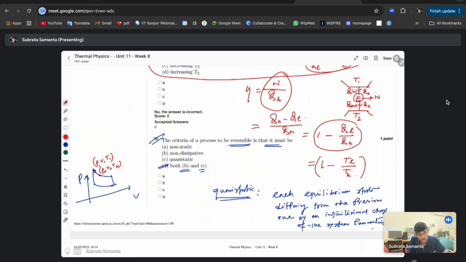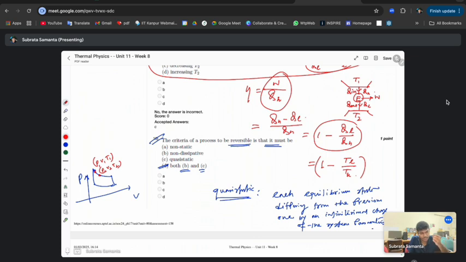Each equilibrium state differs from the previous one by an infinitesimal change of the parameters, a very slow change.